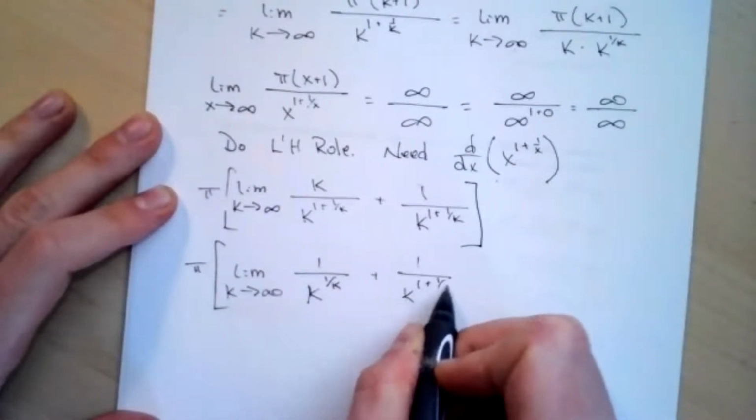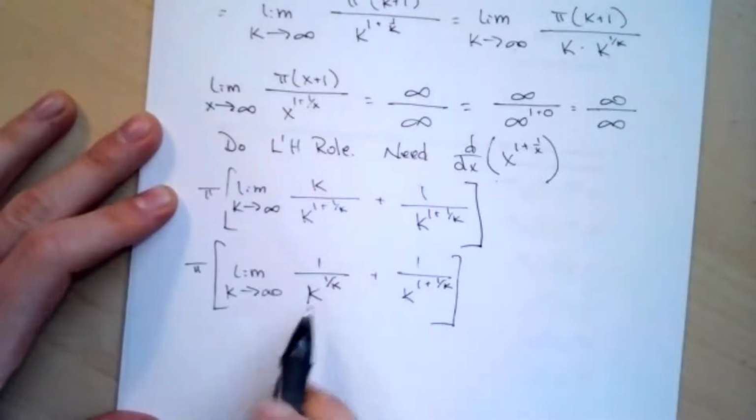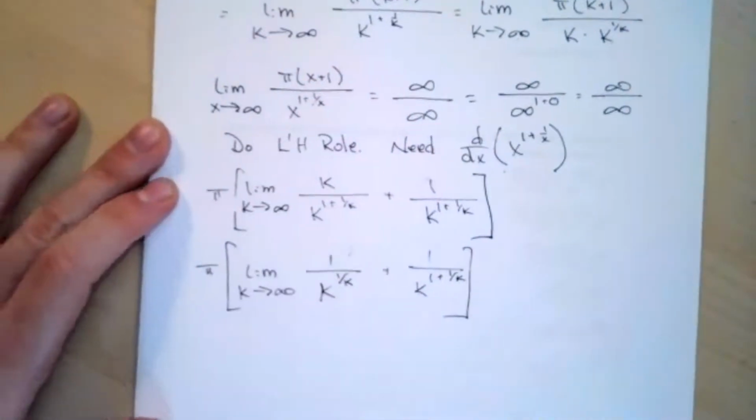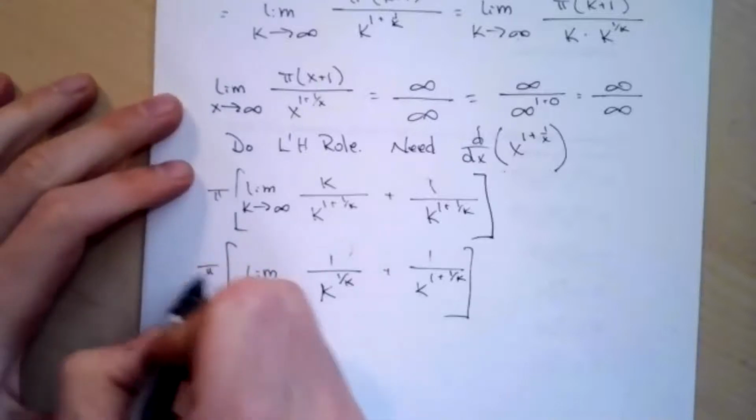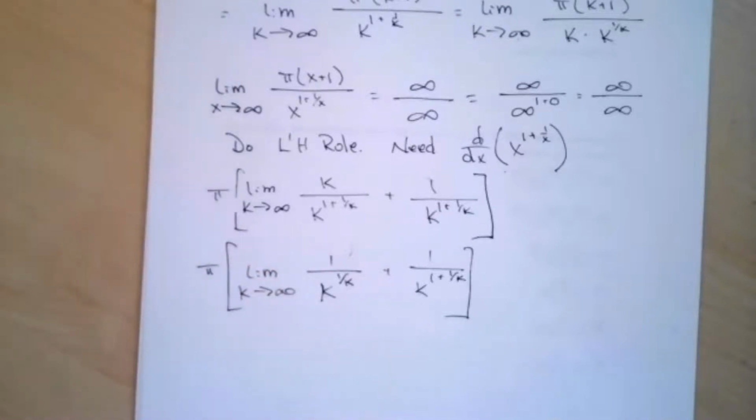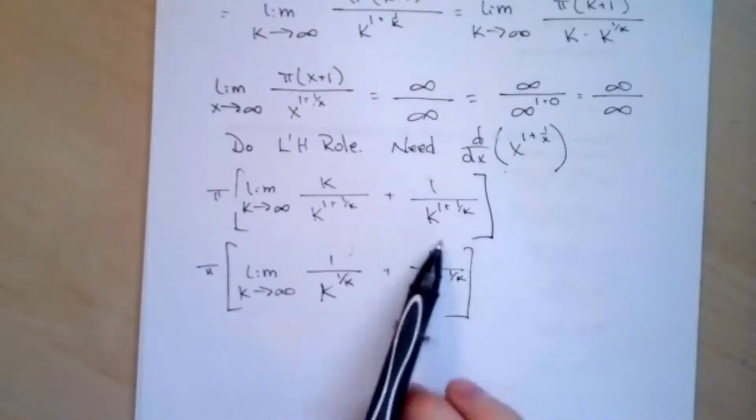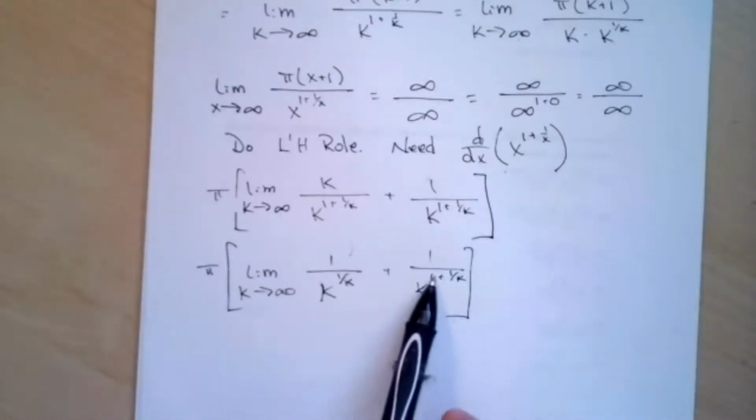However, what's this limit? And I forgot the pi there. Oh, no, I did. I got the pi. So this one, we already explained it goes to 0, right? It'll be infinity to the 1 plus 0.